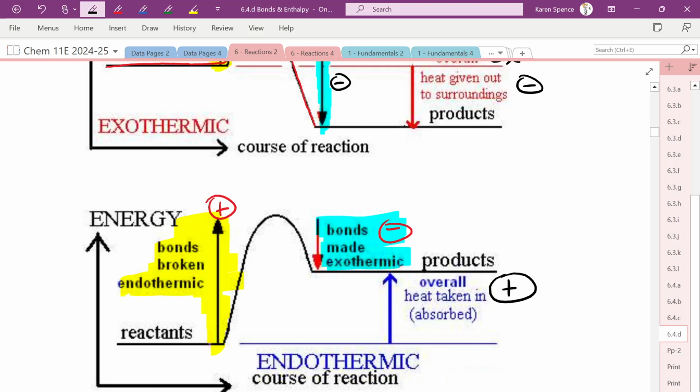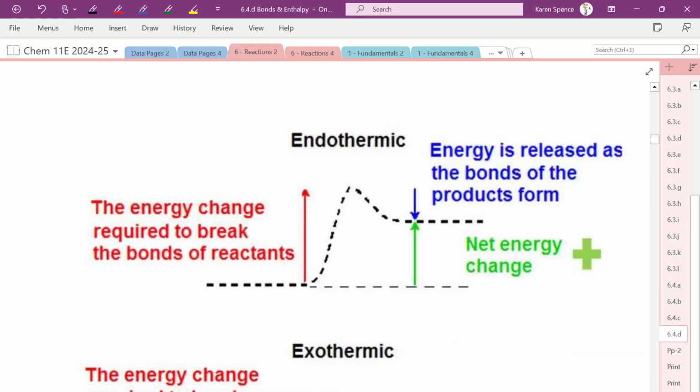But this totally depends on the type of atoms, the type of molecules, which bonds are being broken, which bonds are being formed. Okay? And like I said, you're going to have a table that tells you the energy contained in each bond.